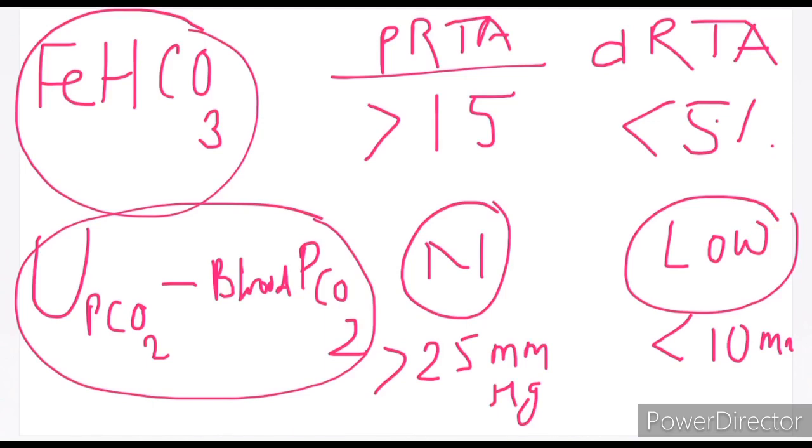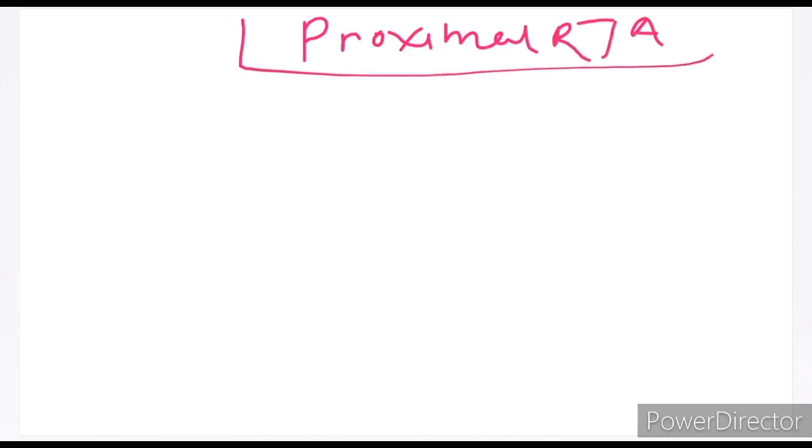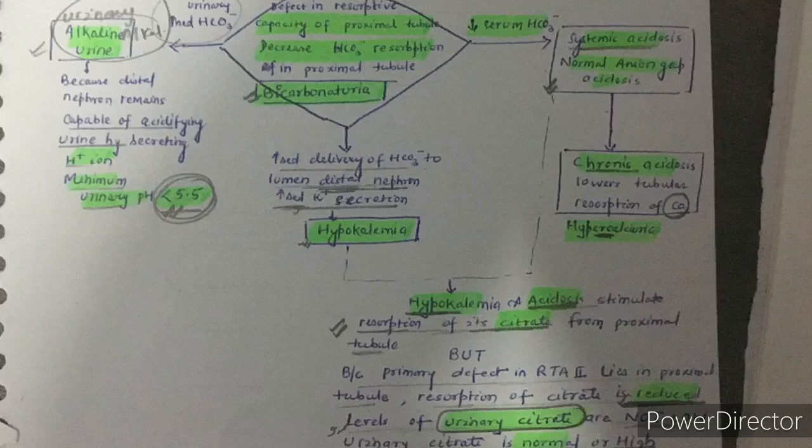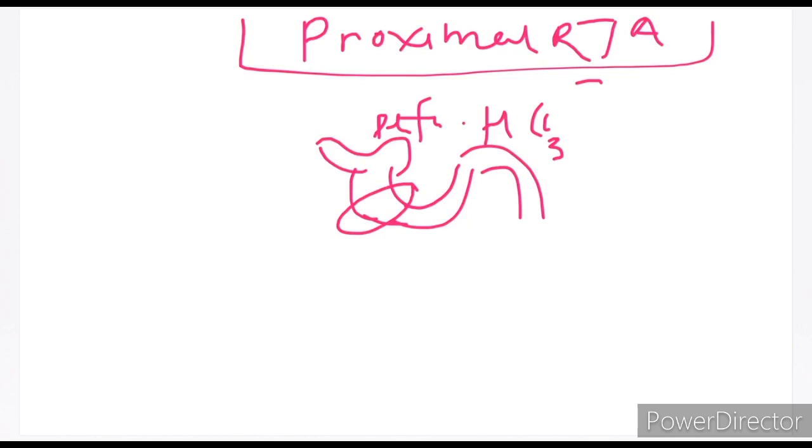Now, before proceeding further, we must understand the mechanism of proximal RTA and distal RTA. So, we have proximal RTA. You will easily understand the mechanism. Here we have defective bicarbonate absorption in the nephron, in the proximal convoluted tubule, where bicarbonate is not reabsorbed.